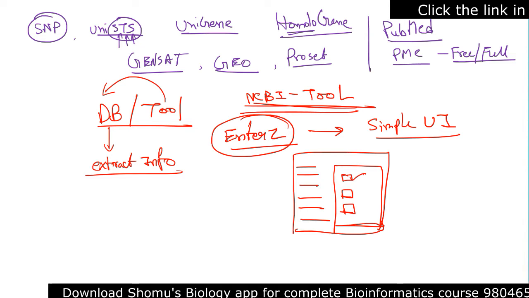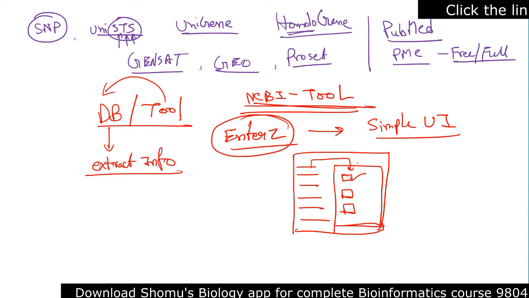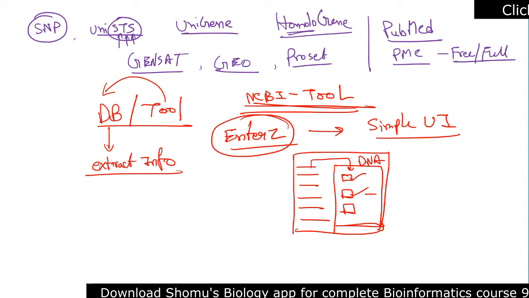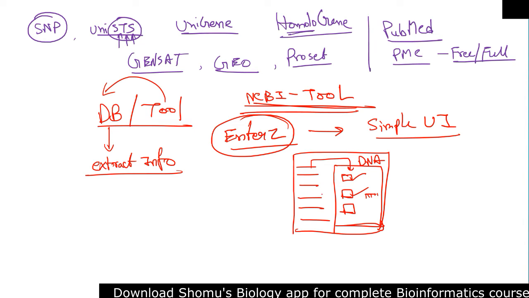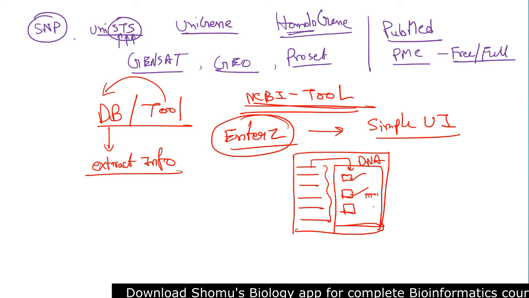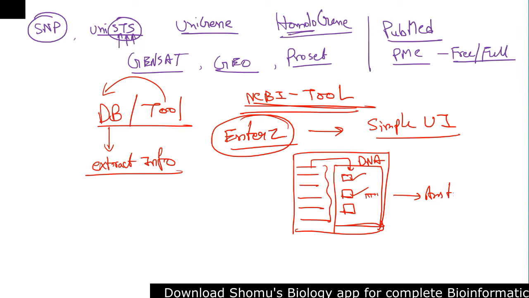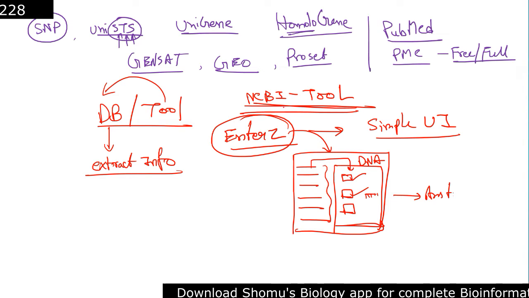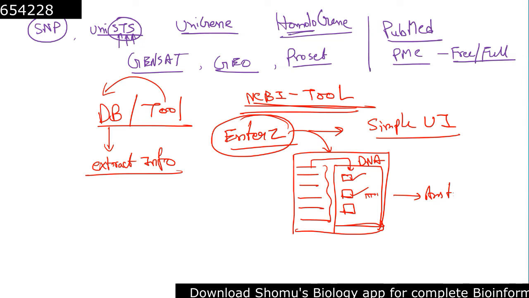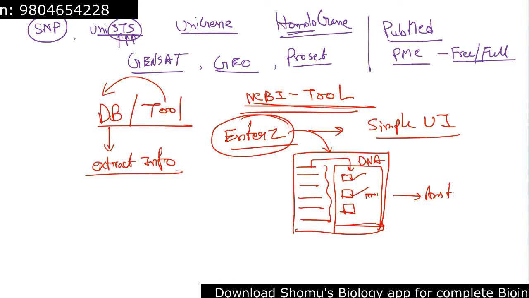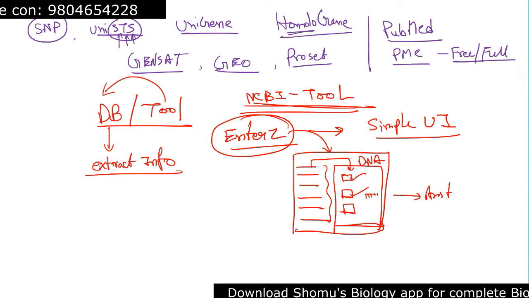Let's say we click this key, then we get information regarding a DNA. Let's say we click this, then we have a sequence of DNA. We can run that sequence, match it with all the databases here and get the answer. So like that. This user interface is Entrez for NCBI. Entrez is the biggest user interface with which we can access all the databases under NCBI.